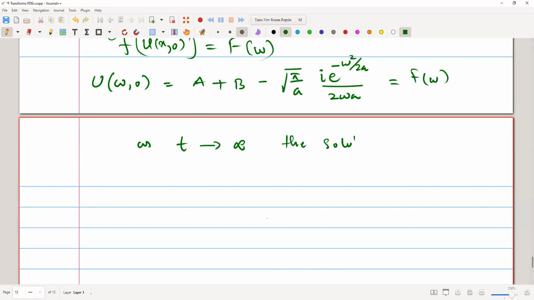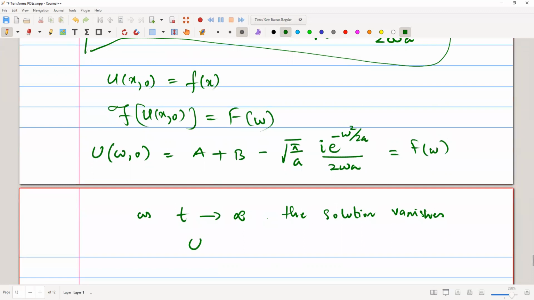I forgot to write above, but this is given. All right. So the solution vanishes, fine. Then what will happen means that u is simply going to be 0.